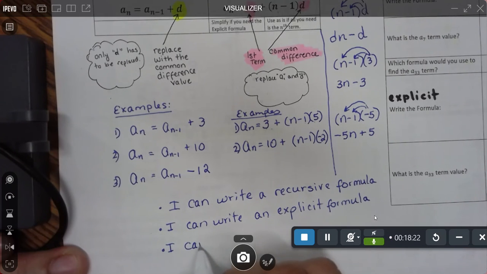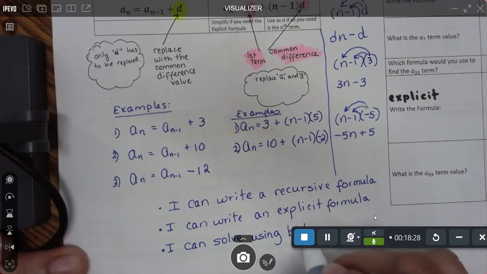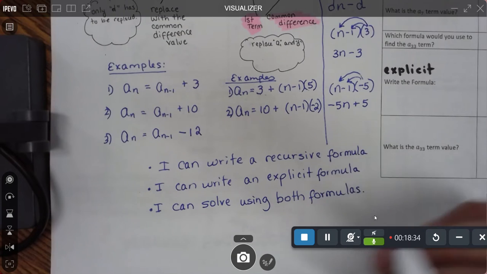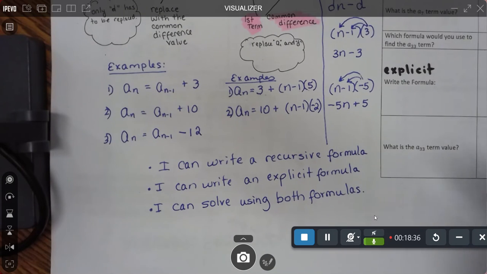I can solve using both formulas. So if somebody tells you, write the recursive formula for this arithmetic sequence, boom, that's today's lesson. If I say write the explicit formula for this arithmetic sequence, boom, that's today's lesson. Clear? Evaluate this formula. That's today's lesson.